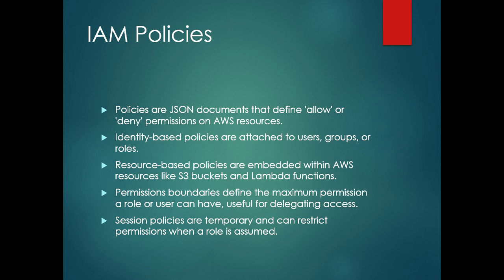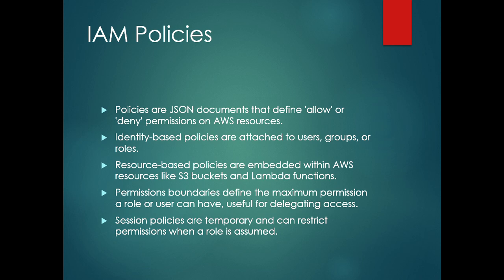The next one is session policies, which are temporary and can restrict permissions when a role is assumed. So these are used to apply only when a role is assumed.